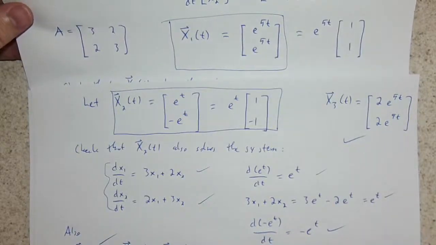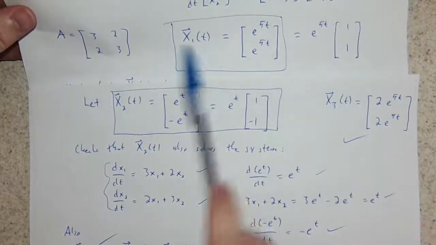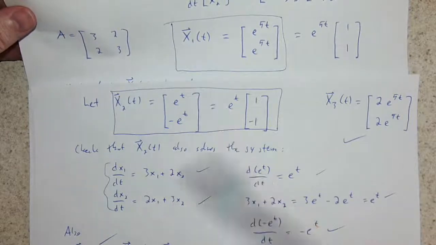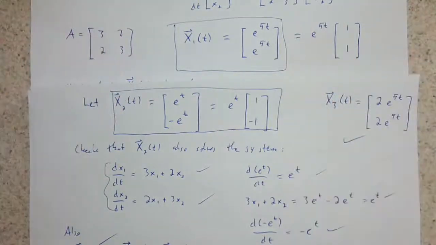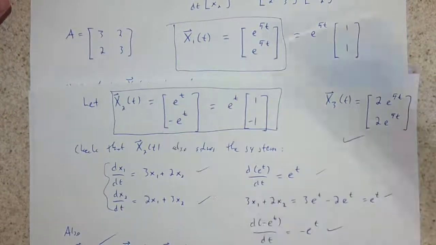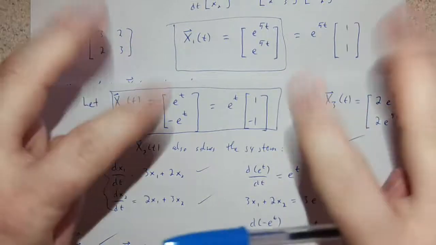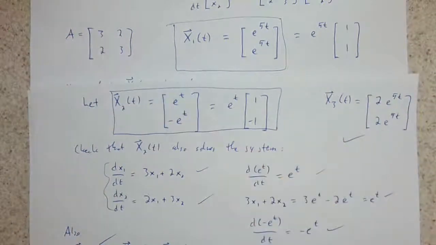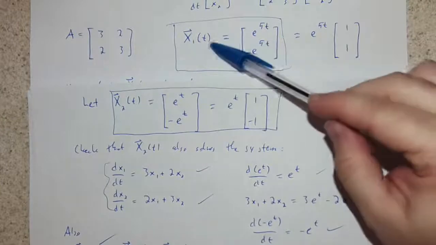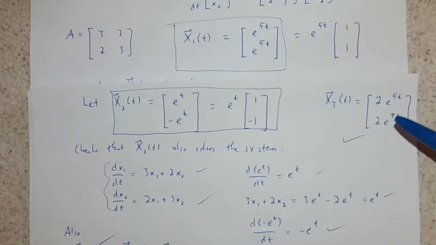Like I said, a lot of you probably figured this out. x1, x2, these are different enough, right? So this is a solution, this is a solution. x sub 3 is technically different from both of these, but of course you see it's just a scalar multiple of x1.